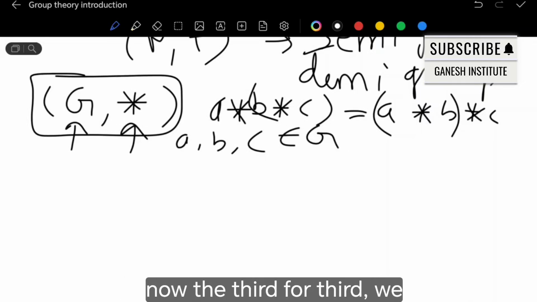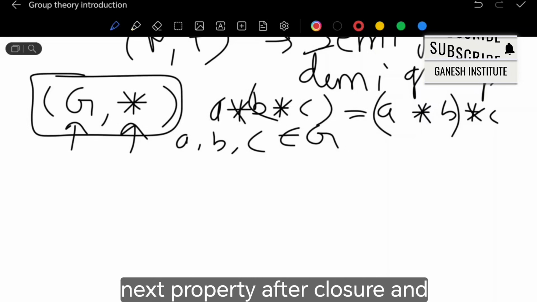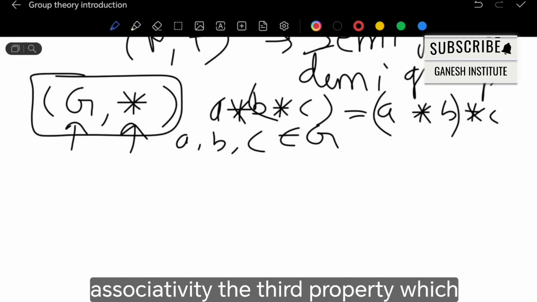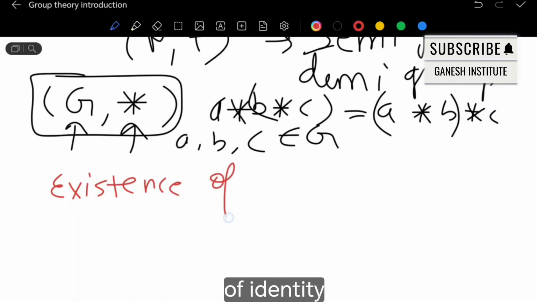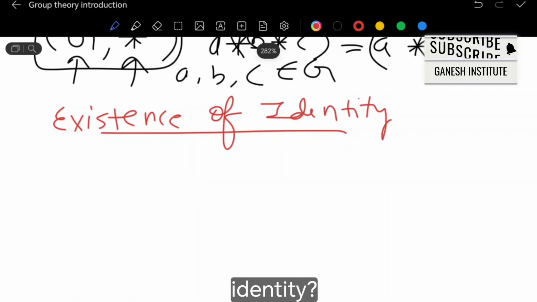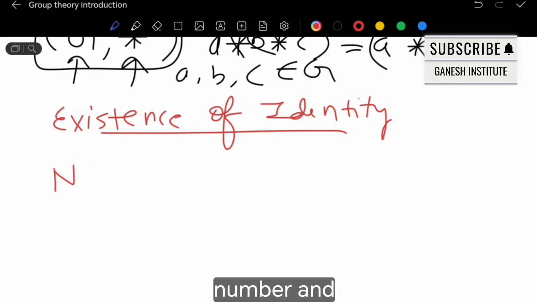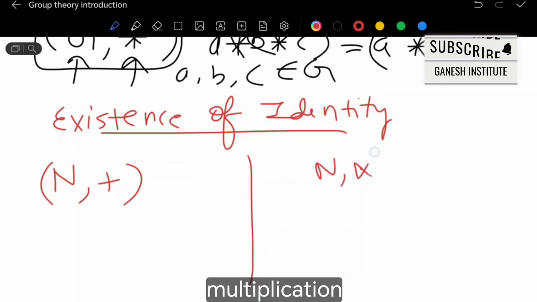Now the third. For third, we have to understand the next property after closure and associativity, the third property, which is existence of identity. Now, what do we mean by identity? Okay, let's say I have natural number and plus. And here I have natural number and multiplication.